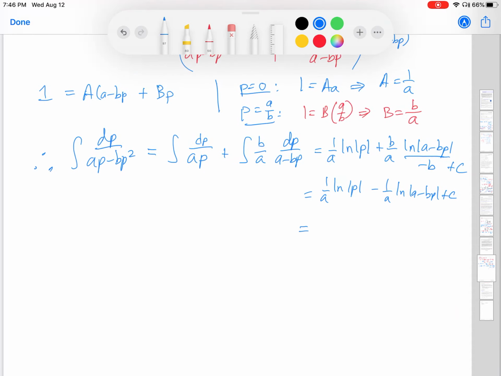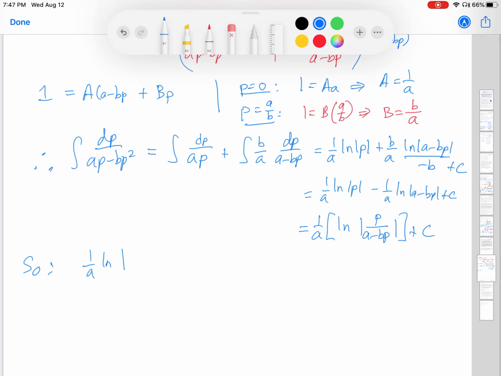And at this point, we can see that we can factor out the 1 over a, and then I can combine: ln of P over (a − bP), plus C. So we have now finished the integral that was the tricky one from the very beginning of this ODE. And we've determined that that integral looks like this.